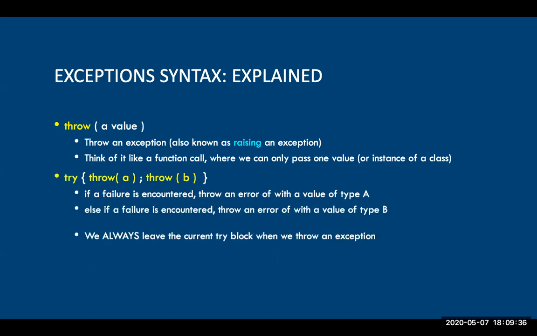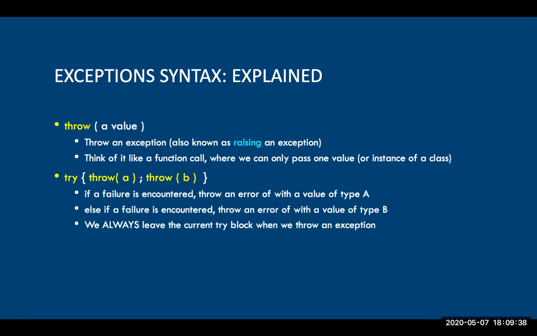And we'll look at how all that structure works. So when we leave the try block, whenever we throw something, we leave the try block immediately, and we immediately go to look for a catcher in some other block, and we'll look at that code. And that's basically what happens. After the try block, there's usually a catch of a particular type and its associated error handling block as well.